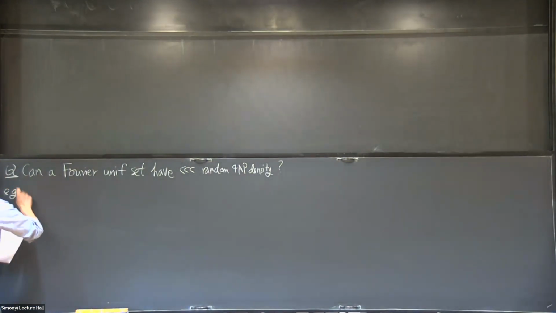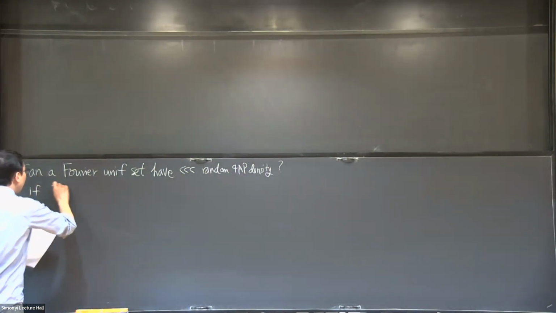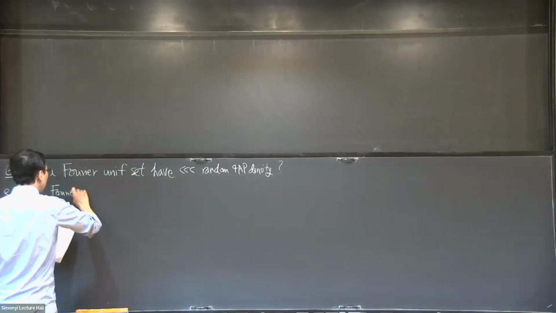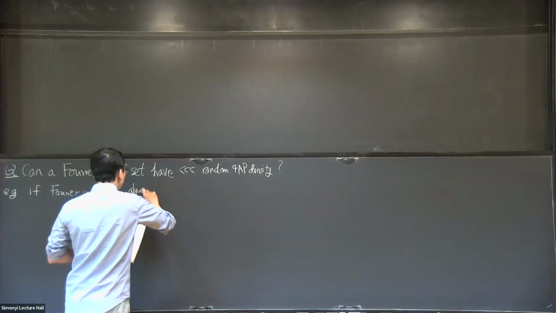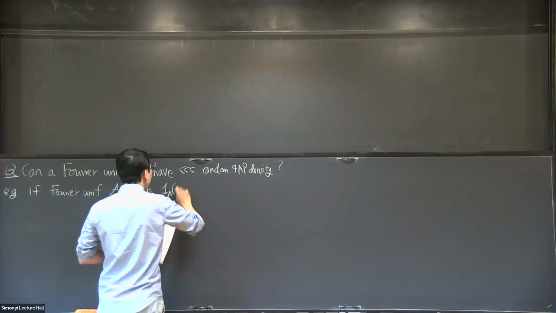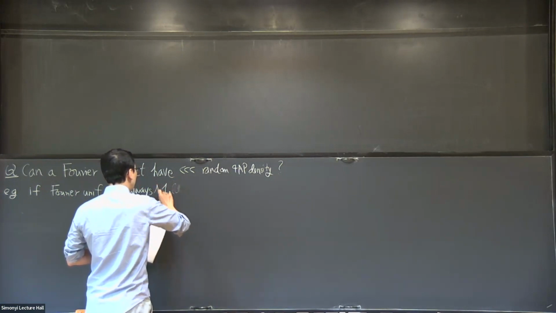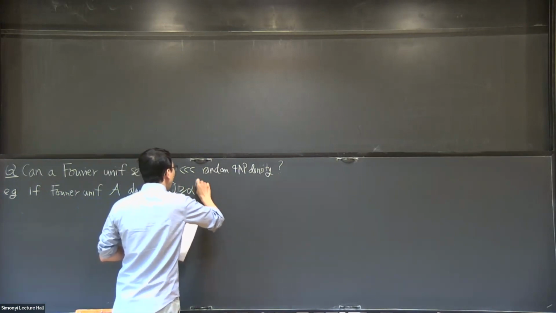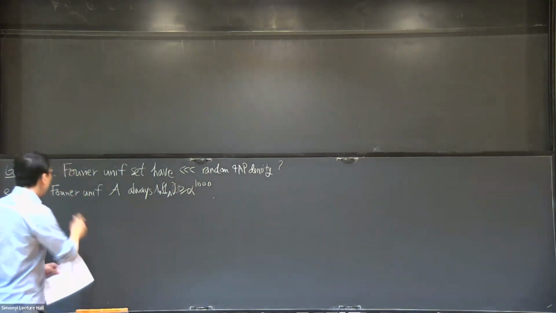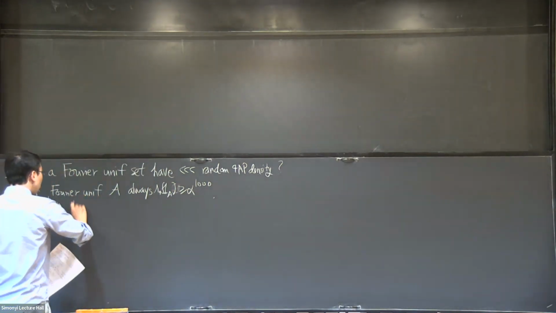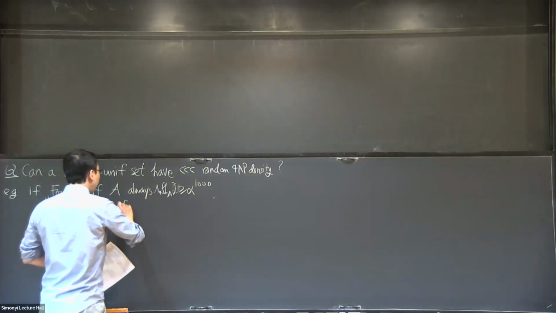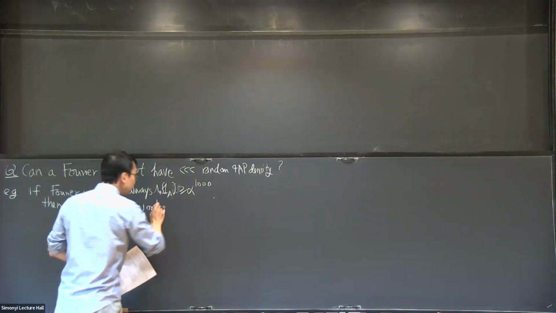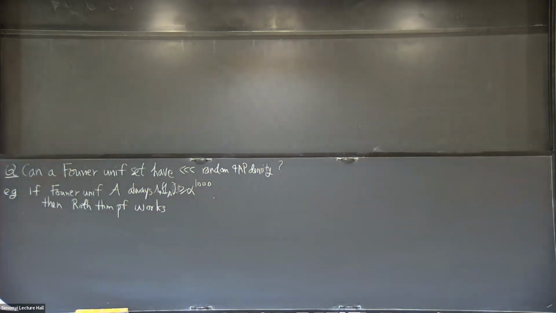For example, if it is the case that a Fourier-uniform A always has 4AP density at least, let's say, alpha to the 1000, then the proof strategy of Roth's theorem basically works. You can use the same proof strategy and it's fine. There's nothing wrong with it.